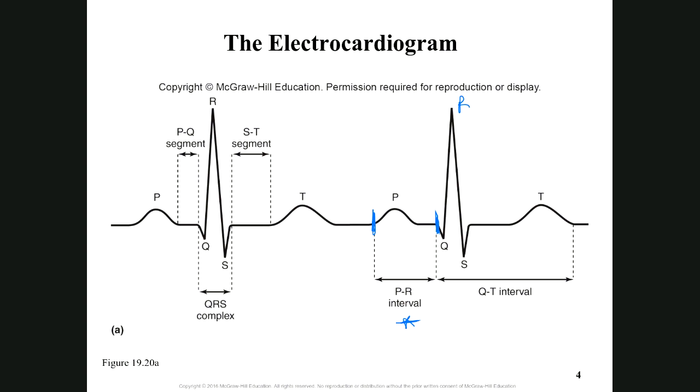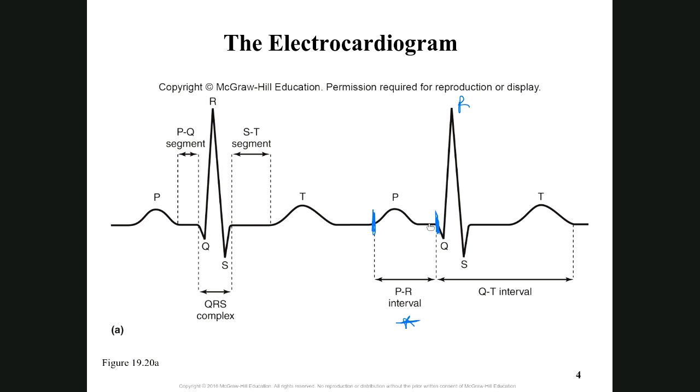What happens during this time? In this time, our atria go to contraction, which we have in the P wave, and after that remain in contraction in this plateau line. So we have a time when your atria are completely contracted and remaining in contraction.